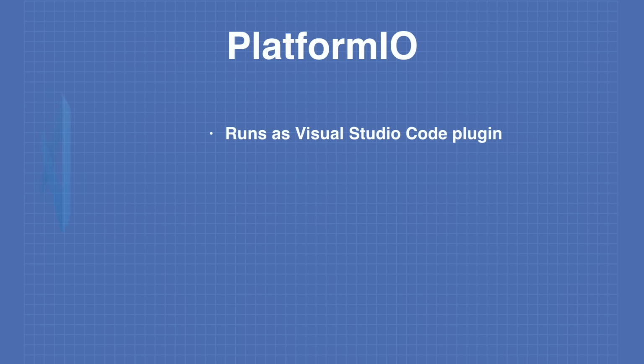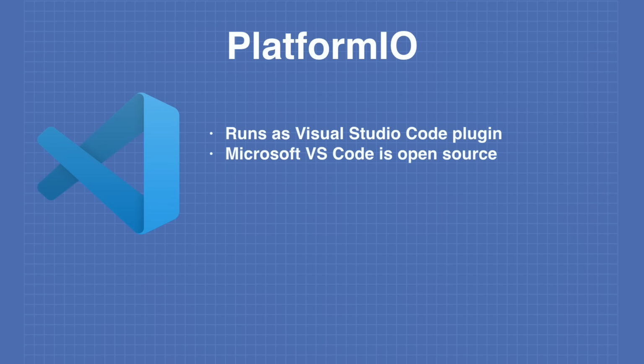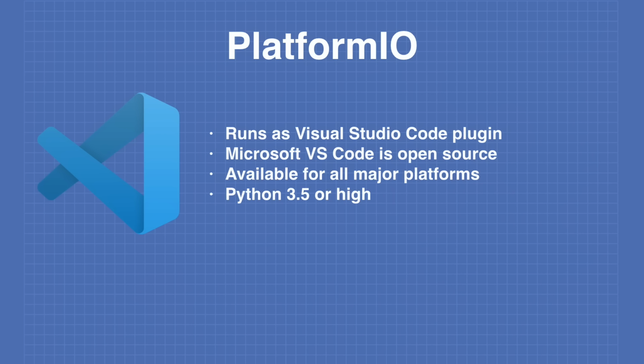We're going to be running PlatformIO as a Visual Studio Code plugin, which is the most common method of running it. Microsoft Visual Studio Code, or VS Code, is an open source product. It's available for all major platforms, Linux, Windows, and Mac OS X. We'll also require Python 3.5 or higher to use PlatformIO.